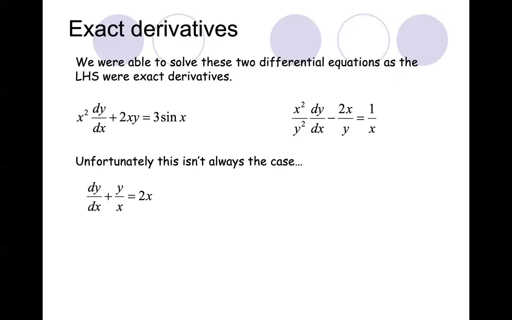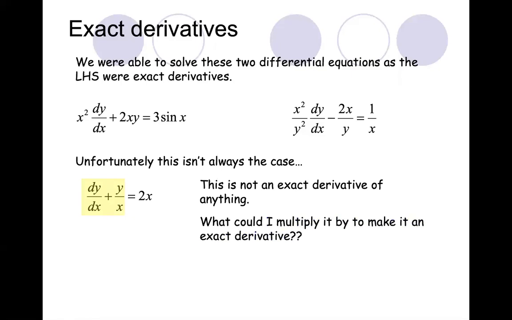But since we already know that if the left-hand side is an exact product, then it's very easy to solve, we are going to try to make the left-hand side an exact product. So we should try to multiply it by something to give it an exact derivative.